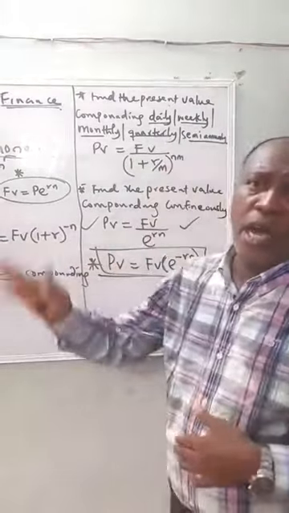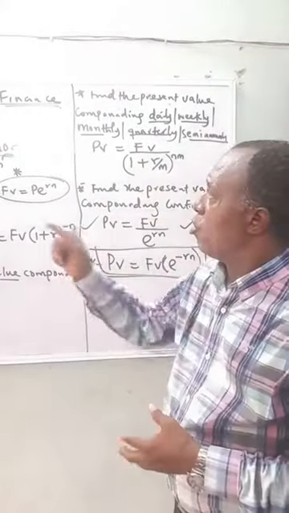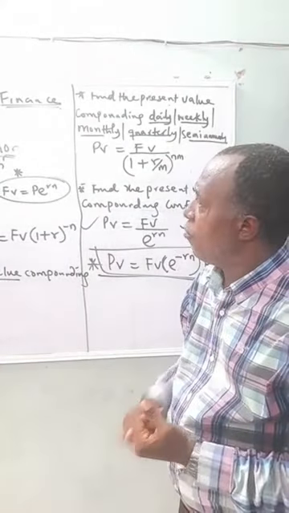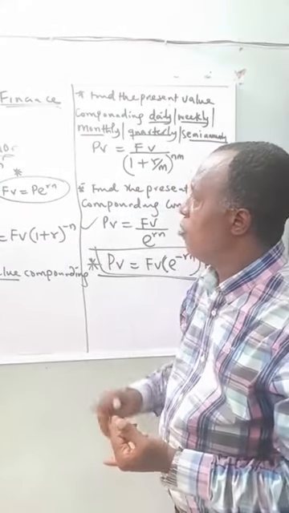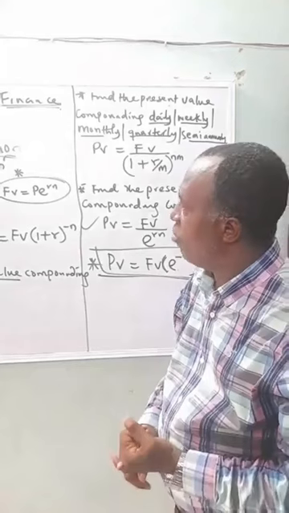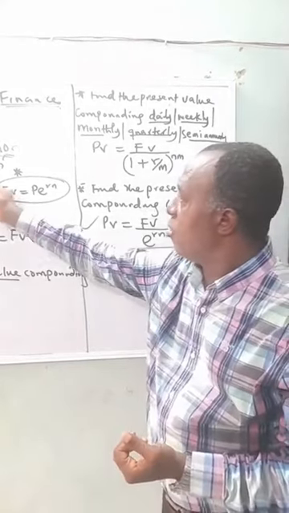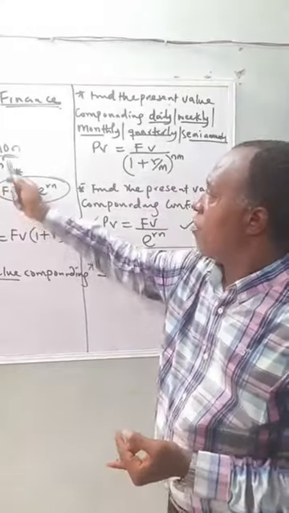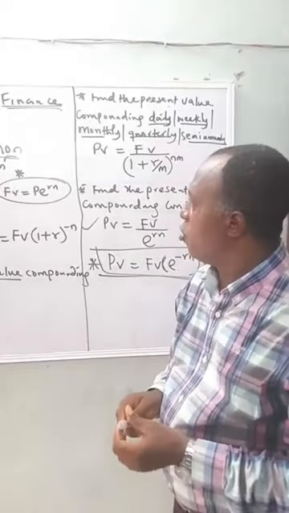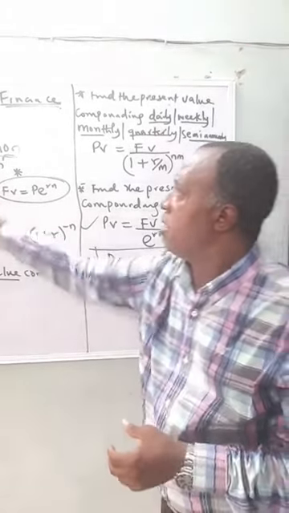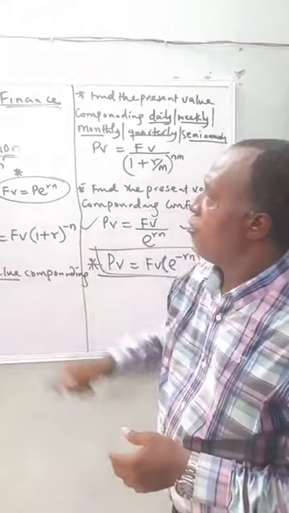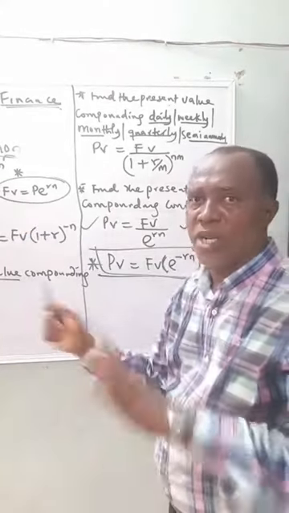If you check out my past lectures, you will discover that we have done future value of money. We have calculated future value of money. We have calculated growth rate, which is R. We have calculated the duration, which is N. But this is the concluding part for future value of money and present value of money.